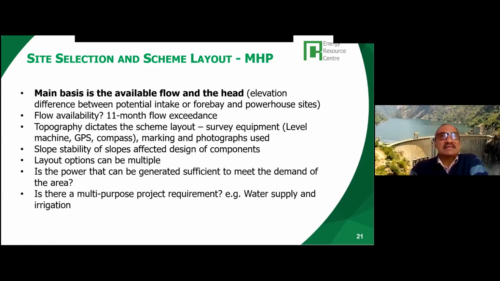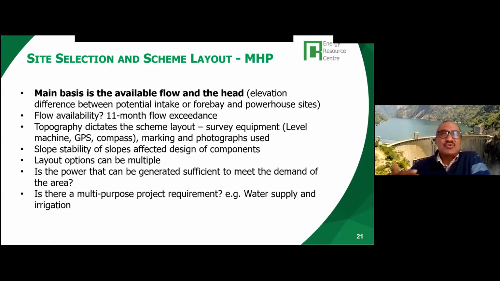Now, for site selection and scheme layout of a mini hydro project, as I mentioned, these are some of the initial data that should be collected. One, as I mentioned, is the head available and the flow available. I already talked about it. What is the flow availability? At least it should be available 11 months.